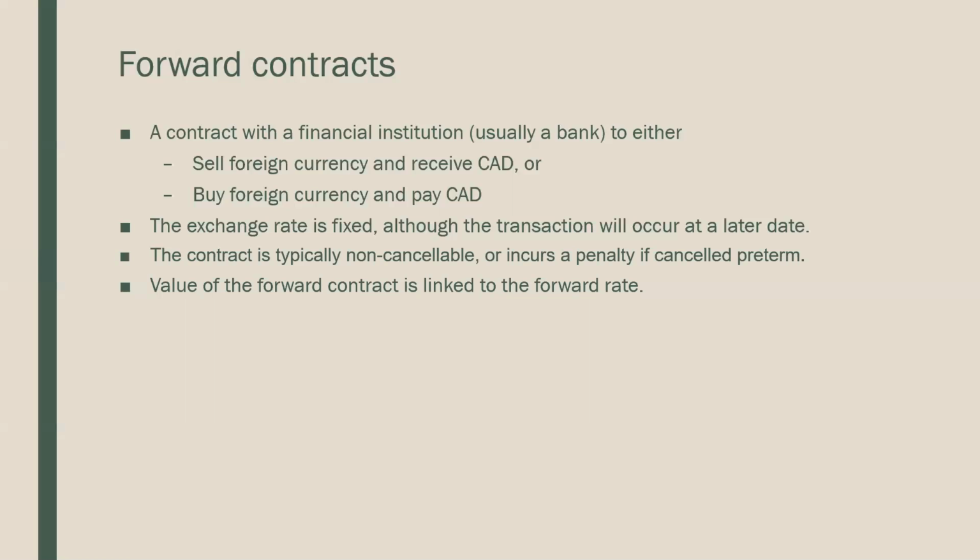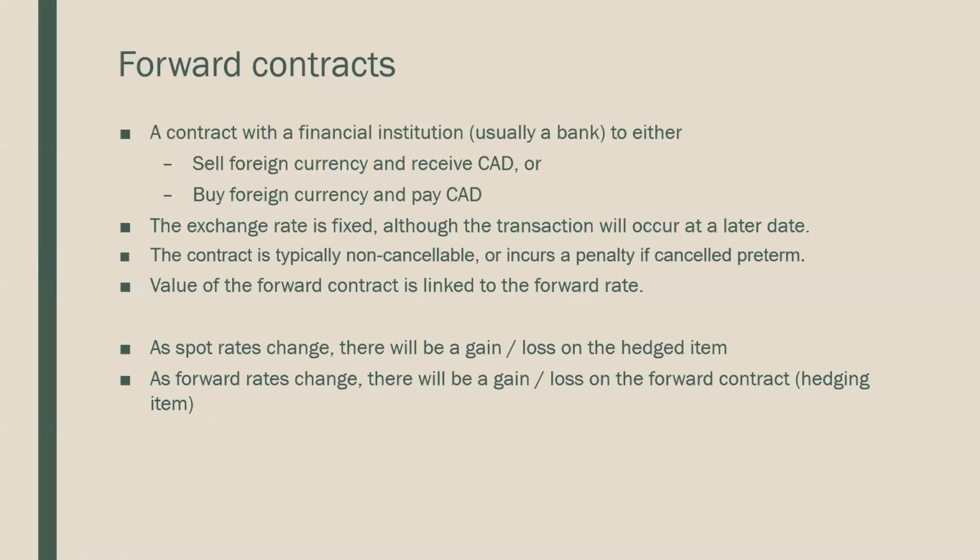So what tends to happen is as spot rates change, there will be a gain or loss on the hedged item, which is essentially the receivable or payable in foreign currency. But as spot rates change, forward rates also change, and that's going to result in a gain or loss on the forward contract, which is our hedging item.